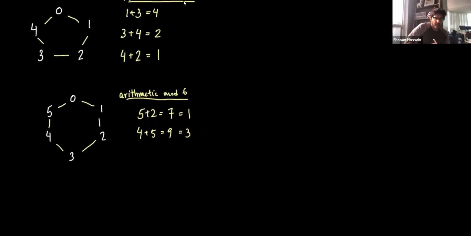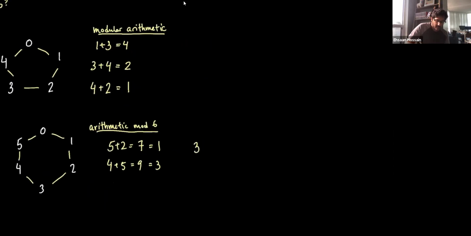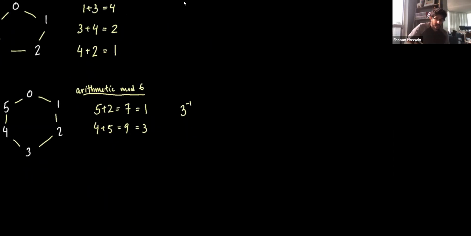Here's the thing. F6, right? Okay, this better be a field, right? So what's the inverse of 3? Like the multiplicative inverse of 3. How do I find the multiplicative inverse of a number?